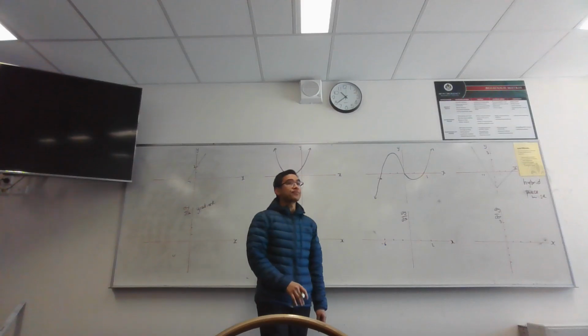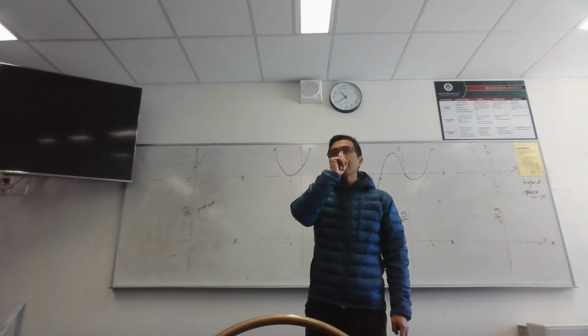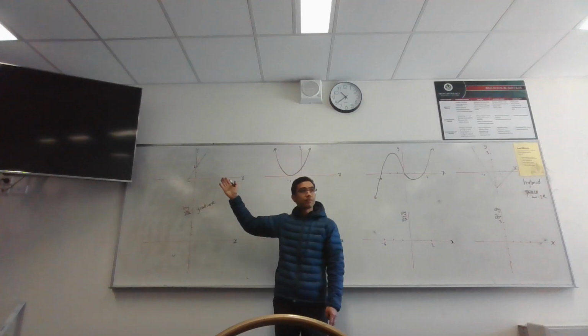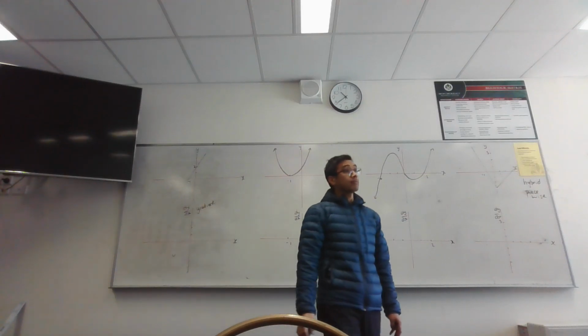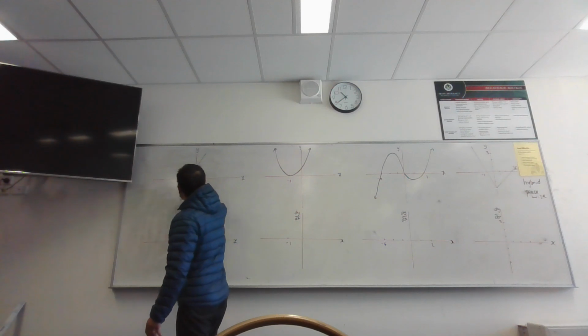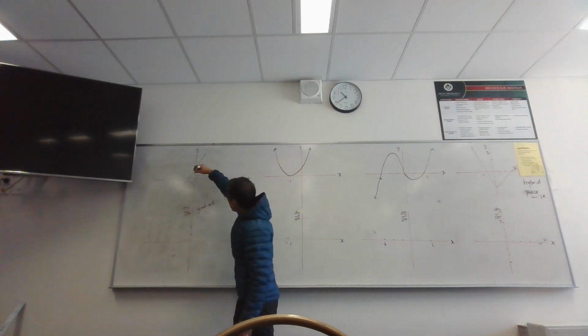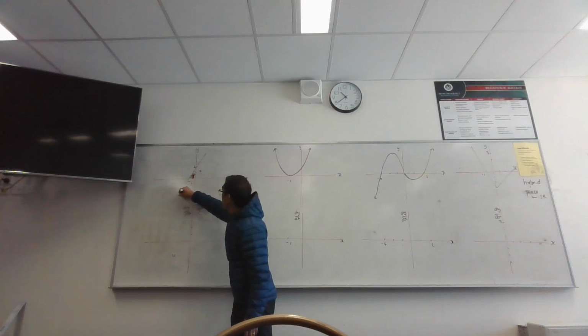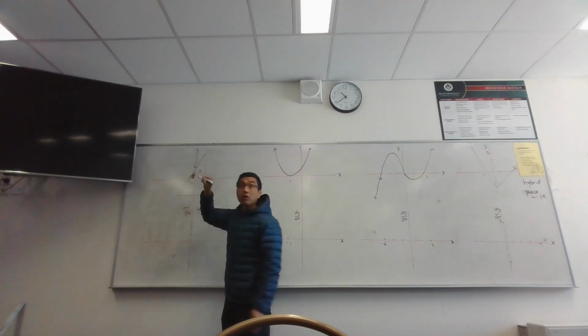Looking at this line, what is the gradient of this line? What's the rise on run? 2 on 1, so it's just 2. That triangle gives it away, but we can also pick up bigger triangles.